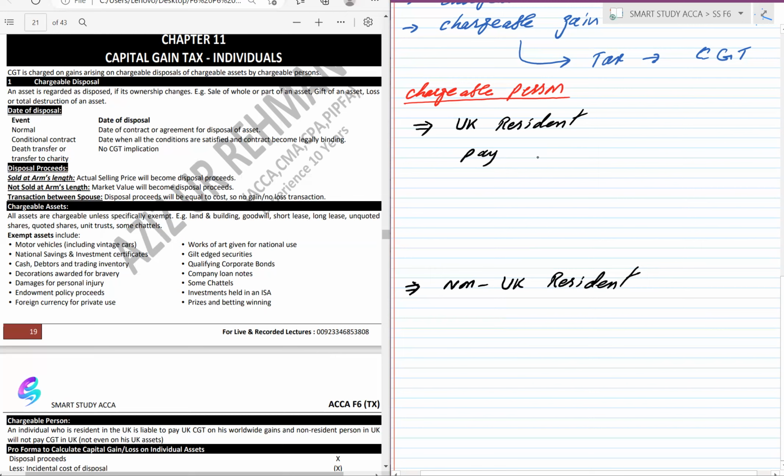If a person is UK resident, this individual will pay UK CGT on sale of UK assets and overseas assets.